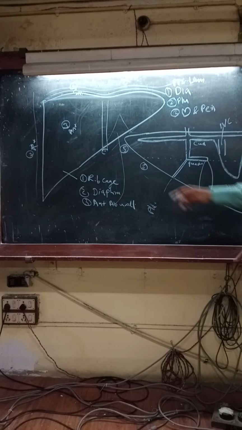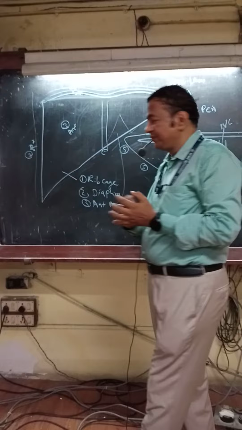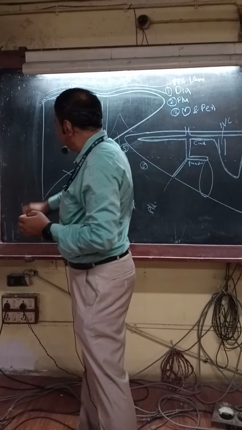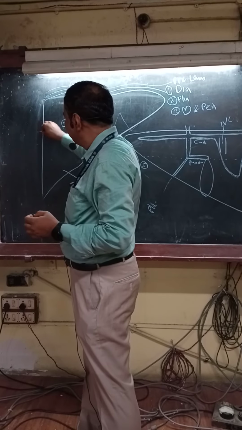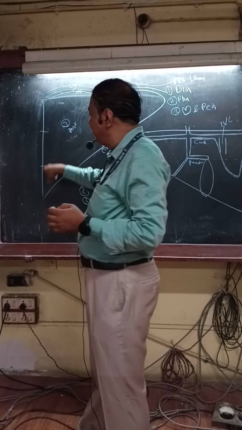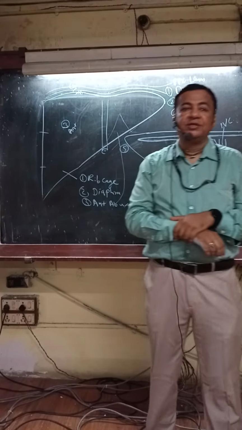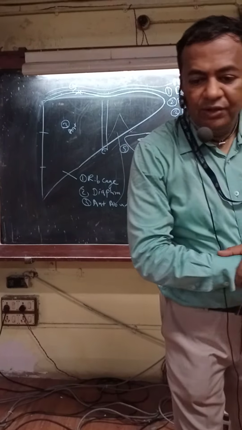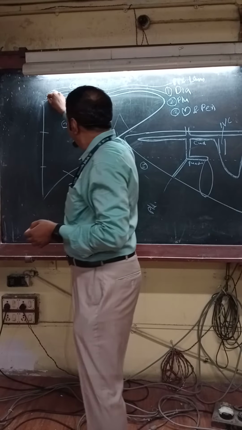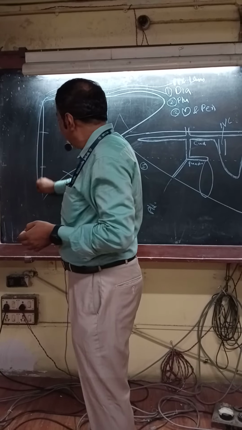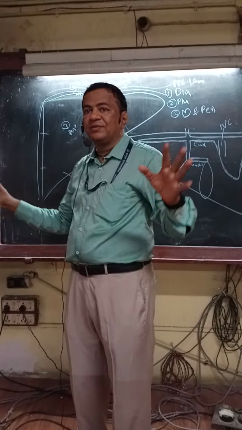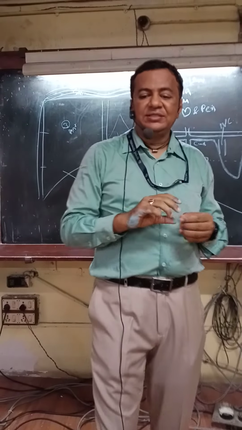Now three structures to the right surface. Let us study what these are. The right surface is divided into upper one third, middle one third and lower one third. Throughout all three thirds is the diaphragm.